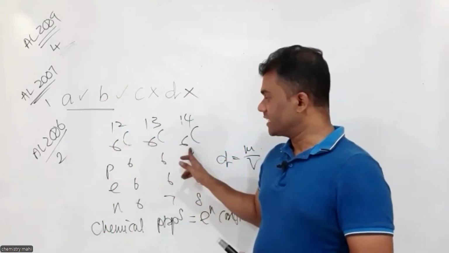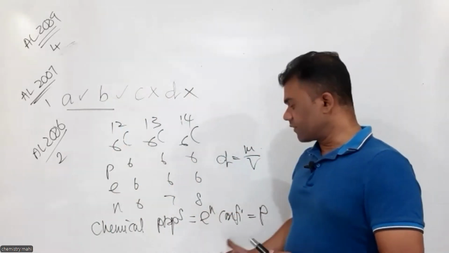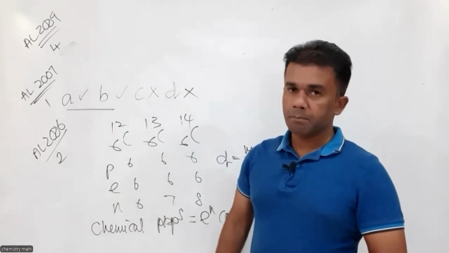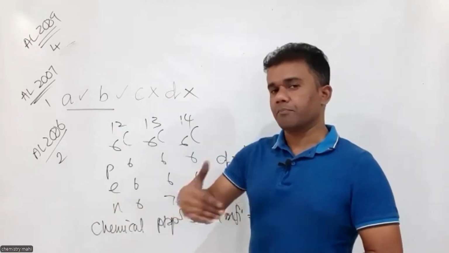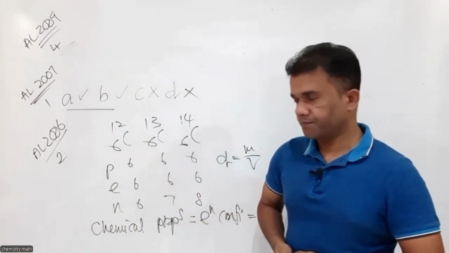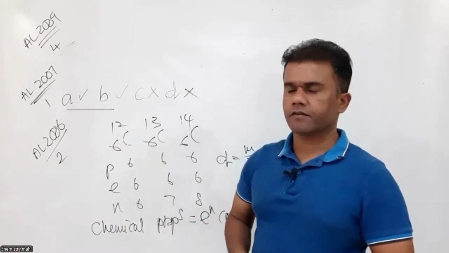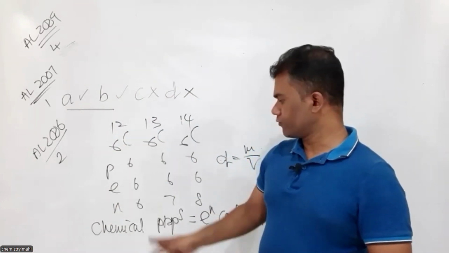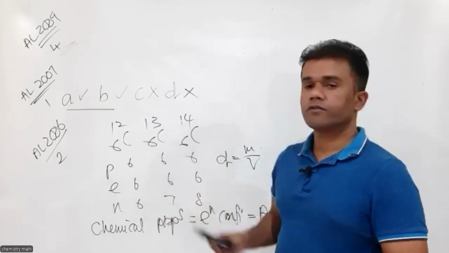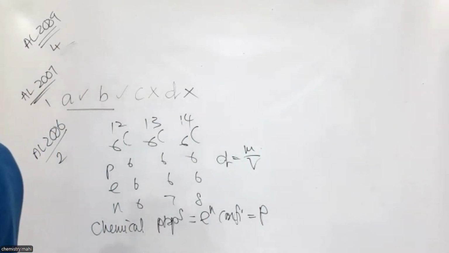Then atomic number equal means number of protons equal, number of electrons equal, then electron configuration equal, then the chemical properties are also equal. Mainly, we can predict the chemical properties based on electron configuration. There are some other factors also. They have the same chemical property, yes. Different number of neutrons, yes, 6, 7, 8. The same number of protons, yes, protons equal. So therefore, for 2006, the answer should be the second one. Same density can't be.